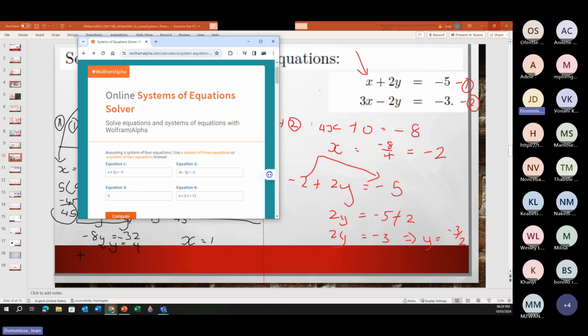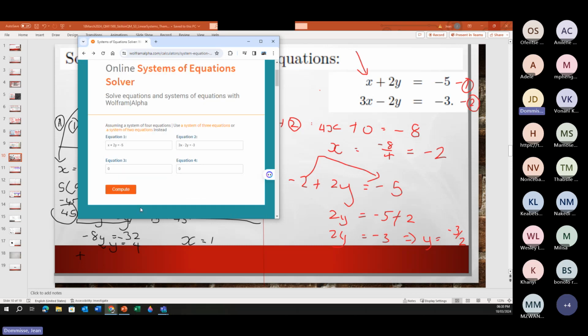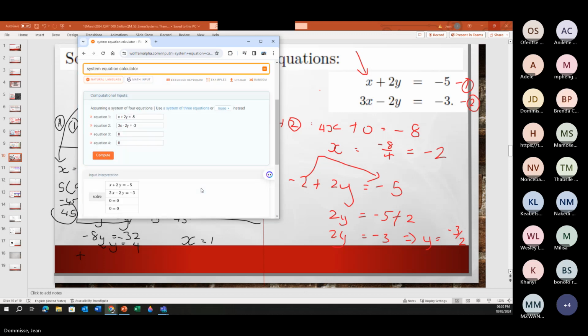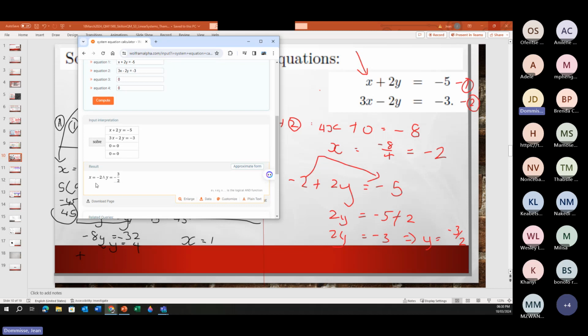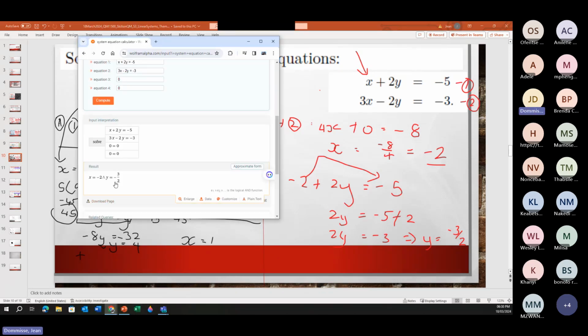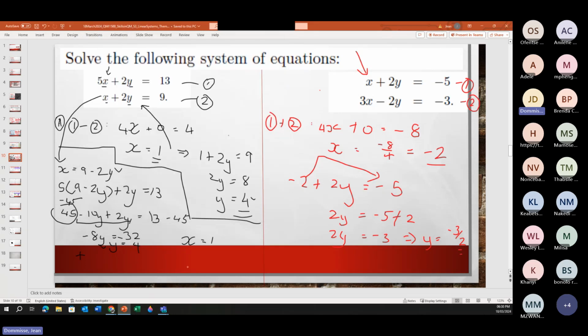There is no third or fourth one, and we compute. And we get x is equal to minus 2, and the y was equal to minus 3/2. Okay, so what we did was correct.